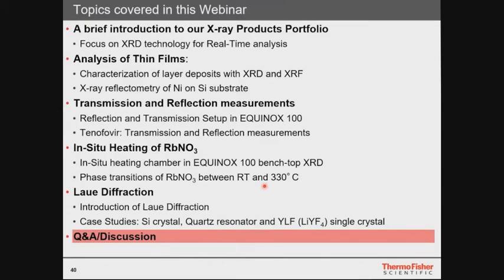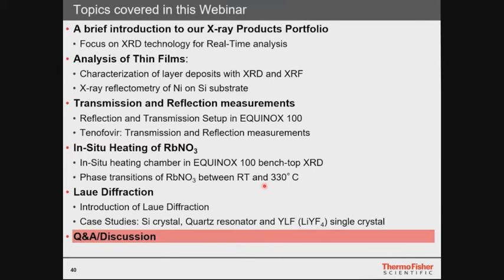Simon, the next question we have is, can we measure phase changes of refractory bricks as a function of temperature? Yes, in principle, yes. It depends on the temperature range. With the bench tops, we are limited to 500 degrees centigrade because of the chamber, but we also have a series of floor standing instruments.